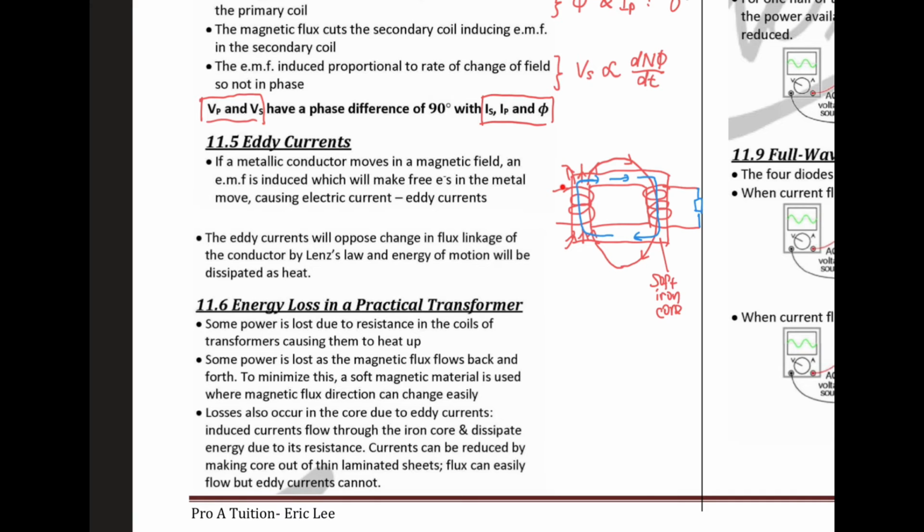But the soft iron core has its weakness also, like it induces eddy current, which is another problem. The good thing is the soft iron core makes the magnetic field change more easily. So the next point, losses also occur in the core due to eddy current. This one I discussed already, the current in the soft iron core.